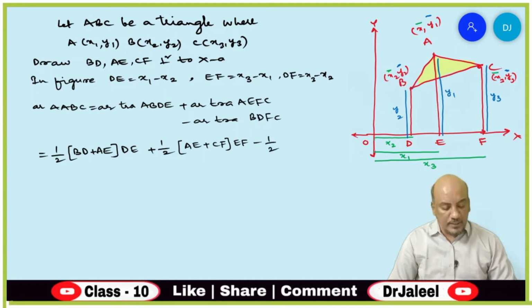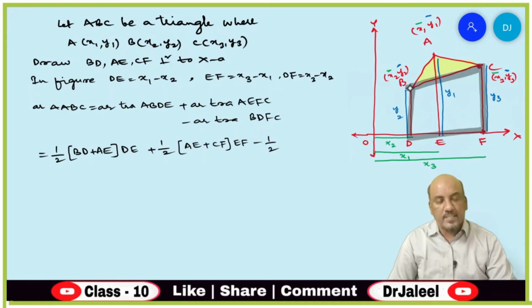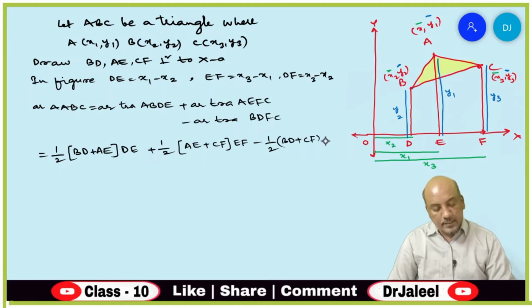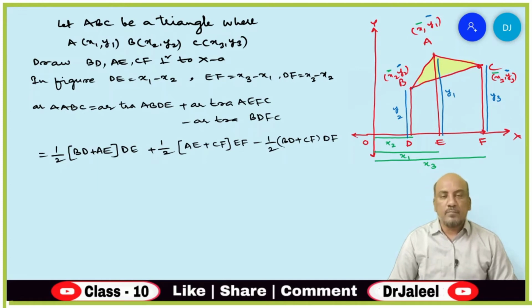Let us take the third trapezium, BDFC. In this, the parallel sides are BD and CF, and the height is DF. So here half into BD plus CF, the sum of the parallel sides, into the height, here DF. So you have written the formula to find the area of the trapeziums.